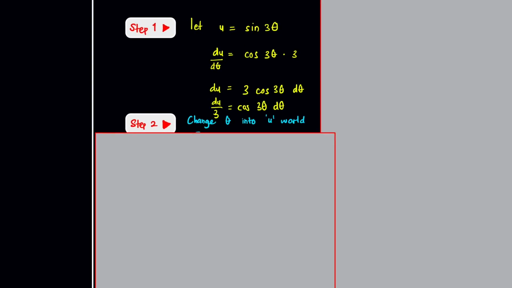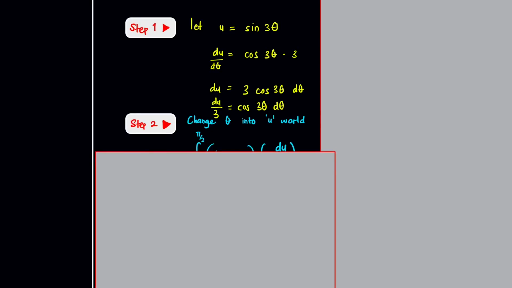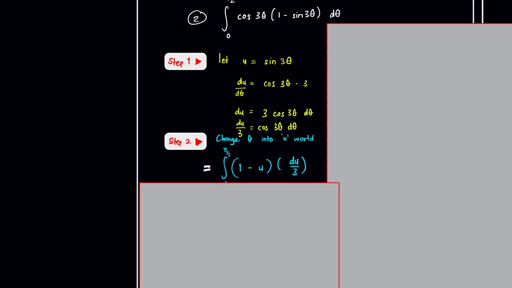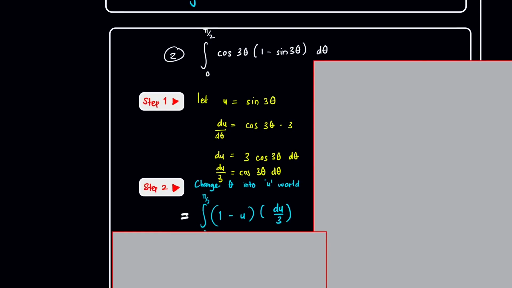Okay, so now we change this theta world into u world. Okay, as you can see here, let me zoom out a bit. So 1 minus u, which is our sine 3 theta, and this cos 3 theta with d theta is converted into du over 3.